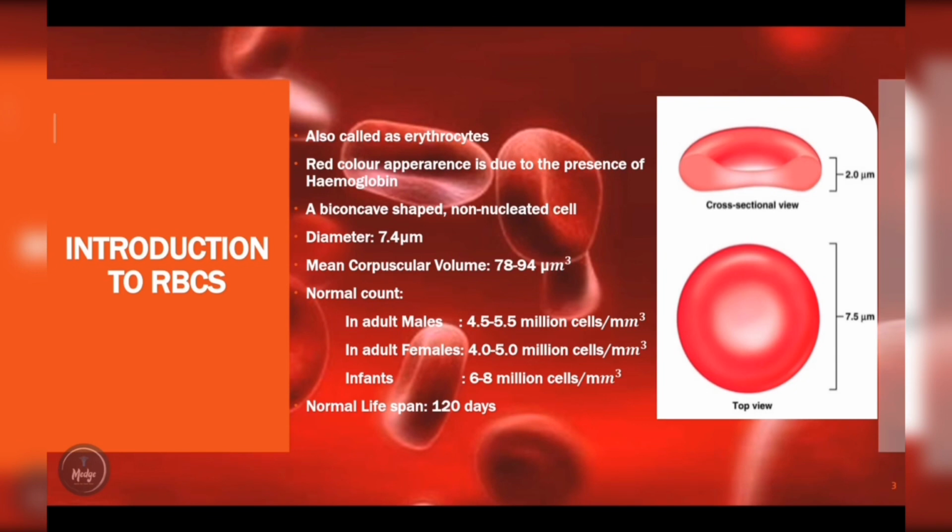You can see a decrease in RBC count in pathological conditions called anemia, and in physiological conditions such as pregnancy and hypertension. The normal lifespan of an RBC is 120 days, after which it is destroyed or hemolyzed in the spleen, which is called extravascular hemolysis.